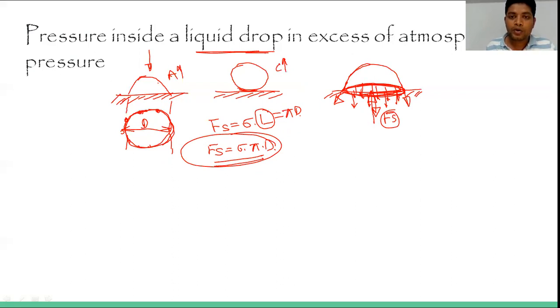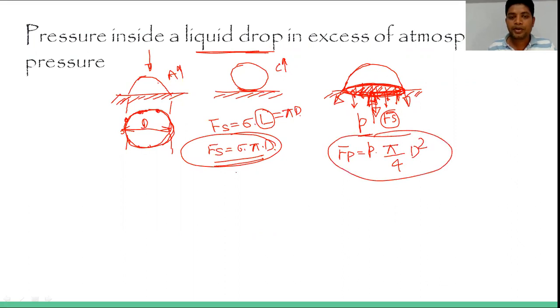This will be over the area through which the liquid is in contact with this surface, over this plate, in the upward direction. So this is pressure P, and the force generated because of this pressure will be equal to P, the pressure, into the cross-sectional area. The cross-sectional area of this one is pi by 4 into D square. So this is the pressure force and this is the surface tension force.